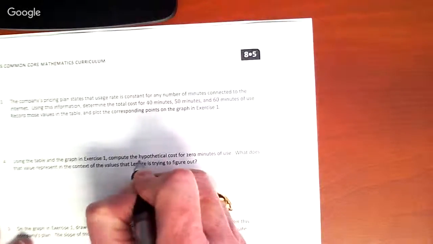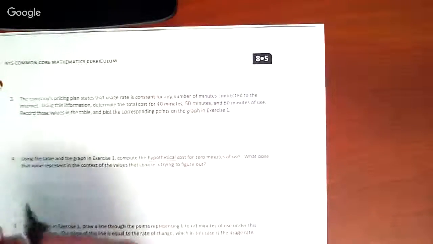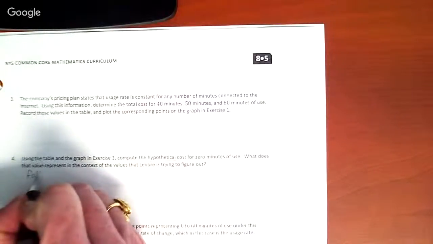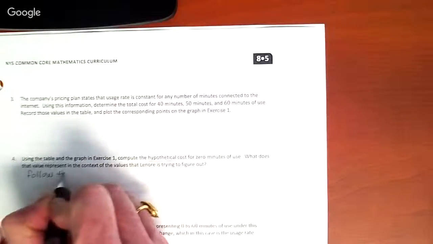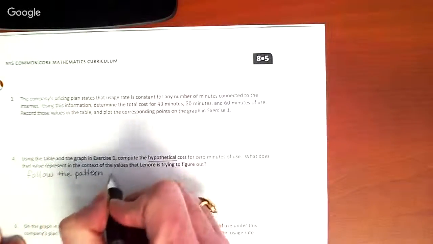Next, it says using the table and the graph in exercise 1, compute the hypothetical cost for 0 minutes of use. What does that value represent in the context of the values that Lenore is trying to figure out? Well, we can follow the pattern in the table.